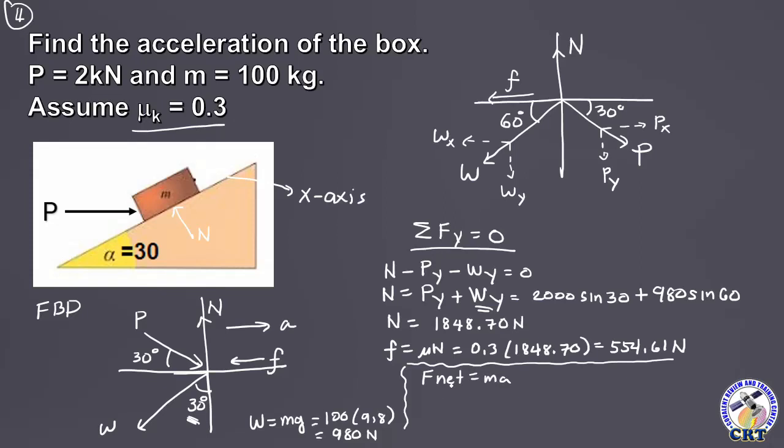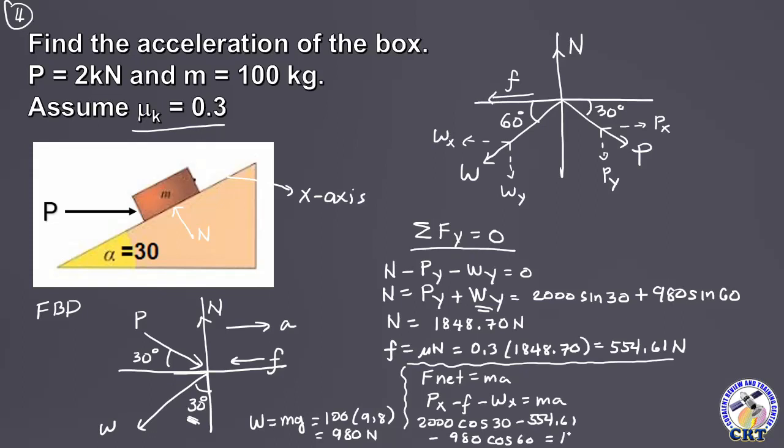For F net, our solution is positive Px minus f minus Wx equals ma. Substitution for Px, this is 2000 cosine 30 minus f, 554.61. So let me put minus Wx here. This is 980 cosine 60.